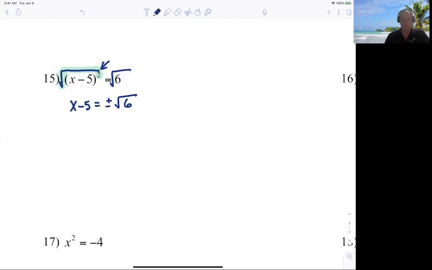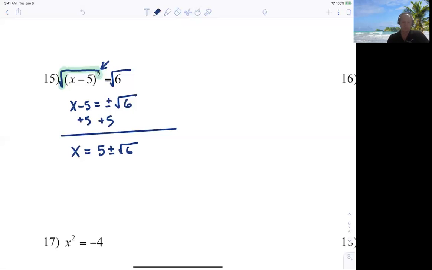Now we have to isolate the x, so the next step is to add 5. You can't add them, because 5 is rational and the square root of 6 is irrational, so we cannot add them together. So we say x is equal to 5 plus or minus the square root of 6.